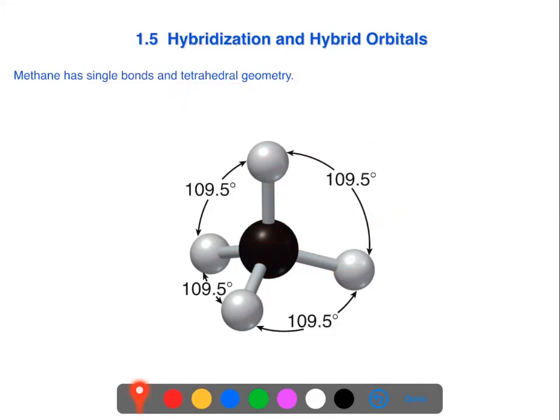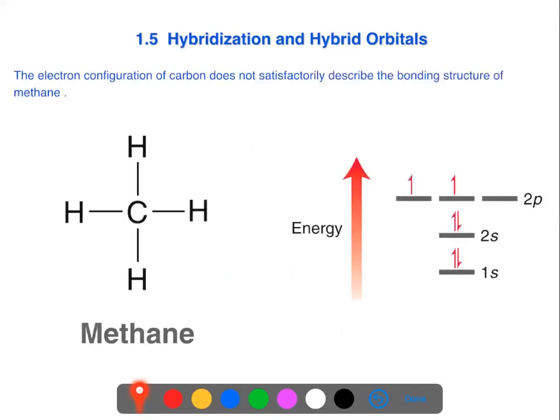And so in this section, we're going to discuss a little bit more about the actual bonding that occurs between this carbon and the respective hydrogens, and specifically talk about the types of orbitals that are involved in those bonds. If we look at the electron configuration of carbon, it doesn't seem to fit well with what we expect for the bonding of carbon to the 4 hydrogens found in methane.